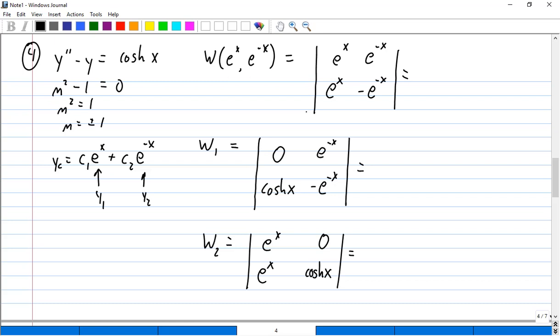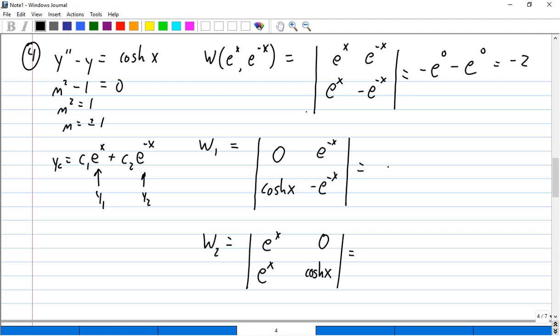All right, now, what would a Wronskian be equal to? Yeah, negative e to the 0 minus e to the 0. So that's negative 1 minus 1, negative 2. All right.